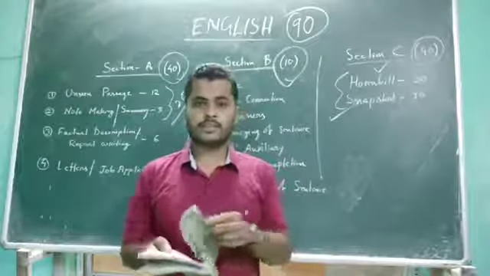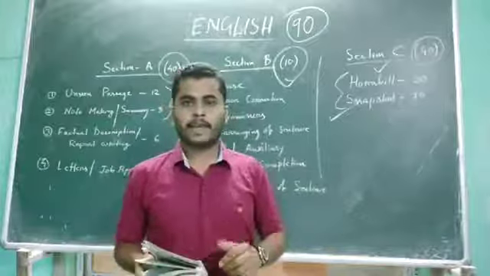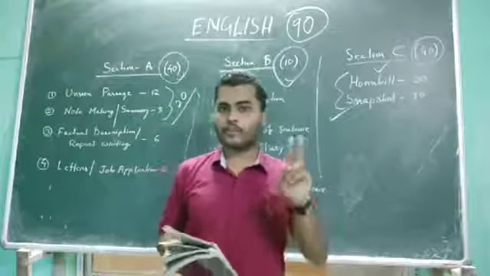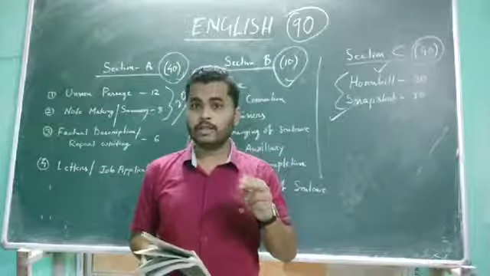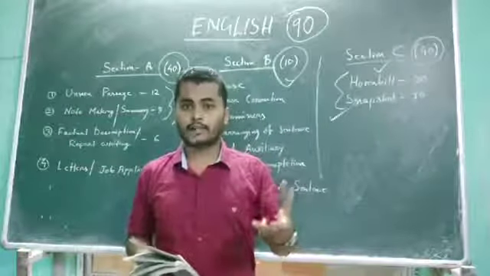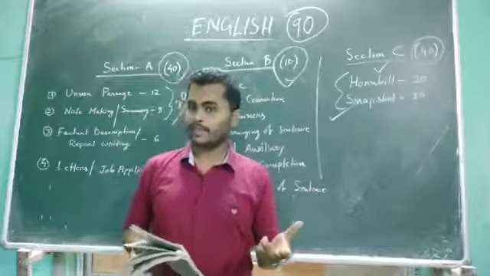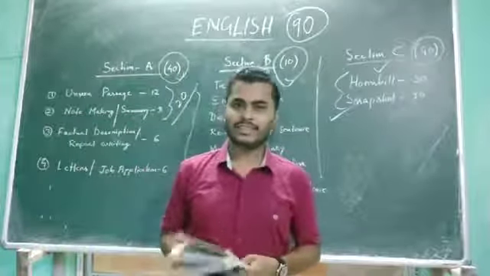So these are the chapters from Hornbill. And from Snapshot there are only two chapters. One is Albert Einstein at School, and the other one is Ranga's Marriage. Okay, so this is all about the syllabus.